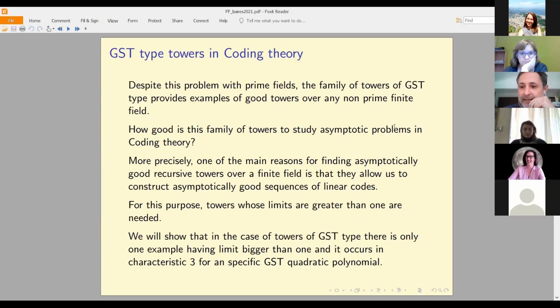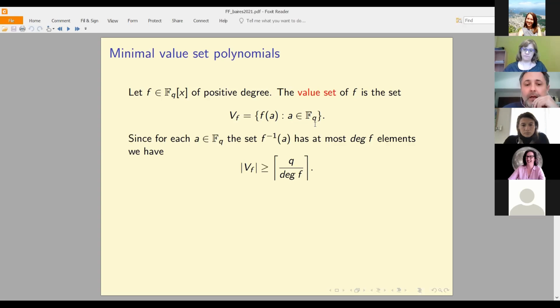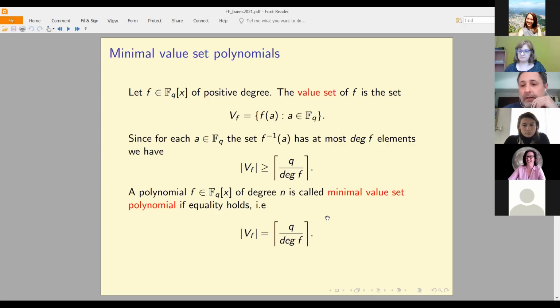We deduce that with the help of minimal value set polynomials. Luciani was talking about minimal value set polynomials, so I just want to review briefly. You take the value set as the image of the polynomial when x is in F_q. Always the value set is at least this quantity, and when this quantity is reached, it is called a minimal value set polynomial.